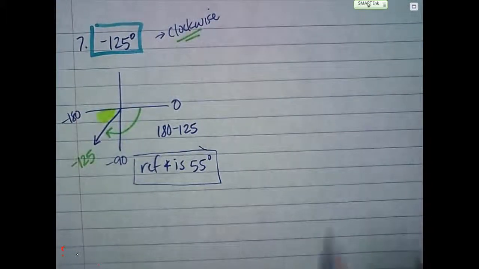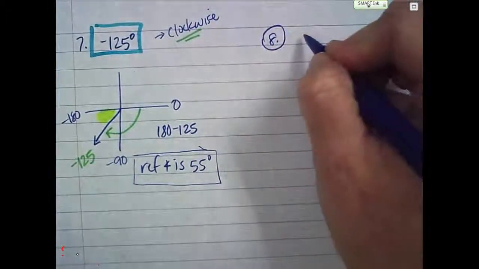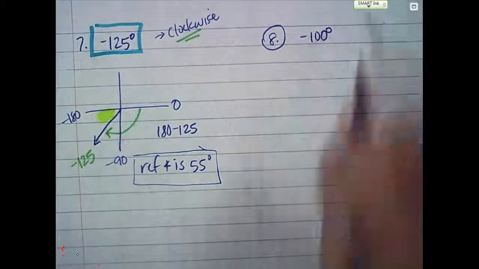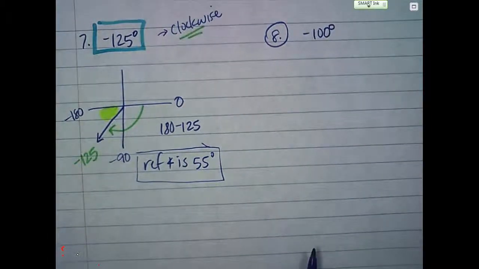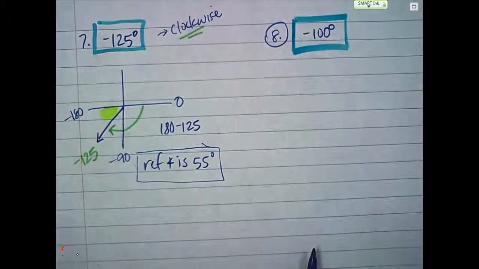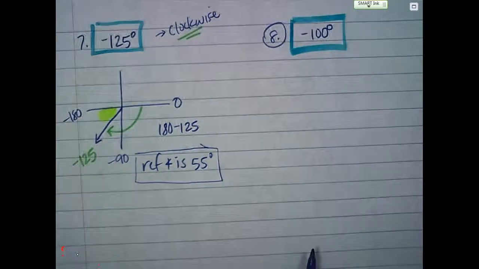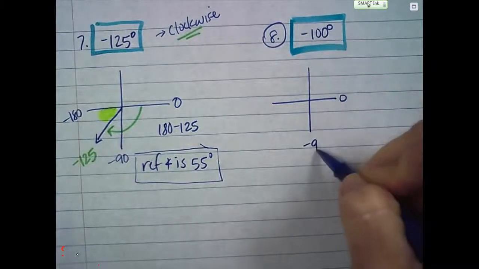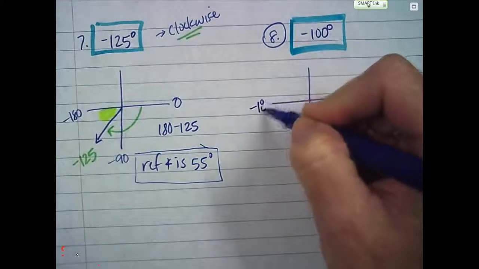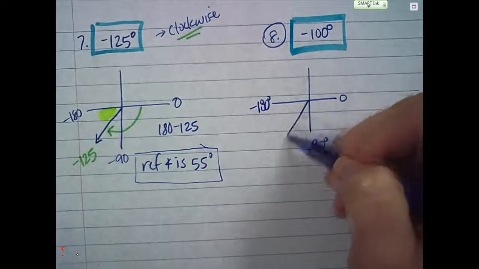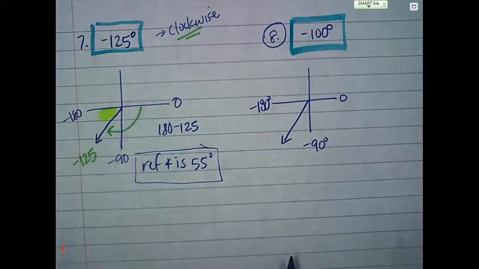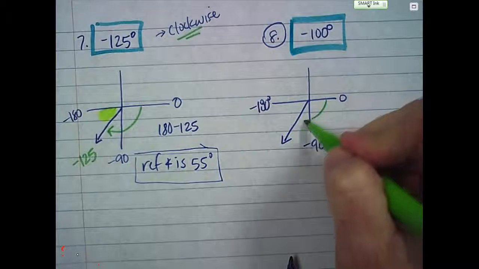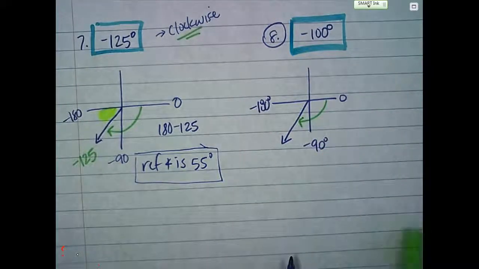Okay, one last negative. How about negative 100? Give it a try. Negative 100. Where's your reference angle?